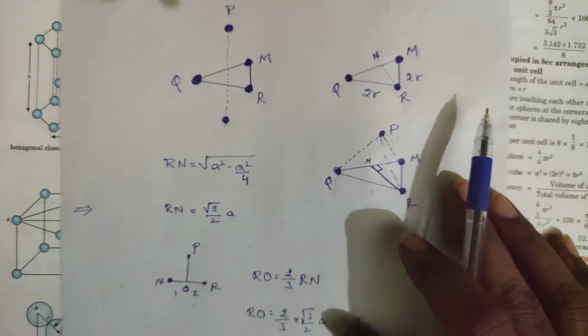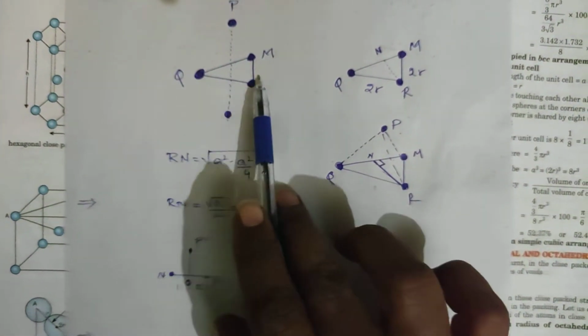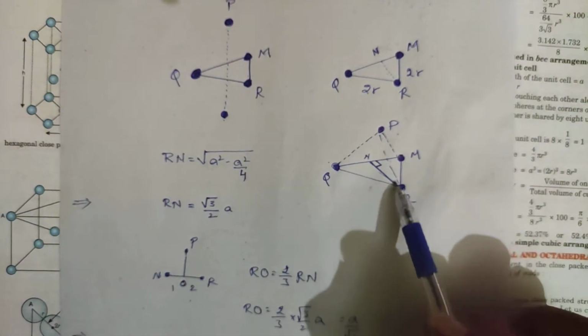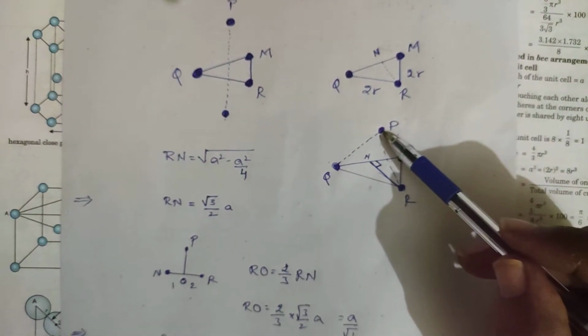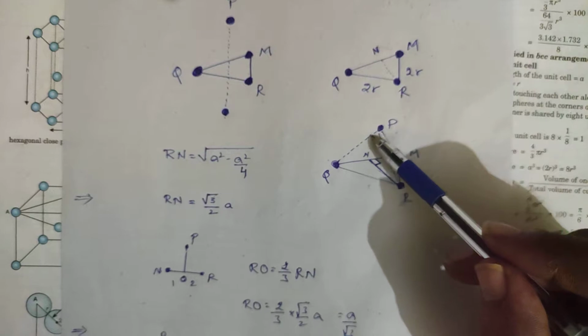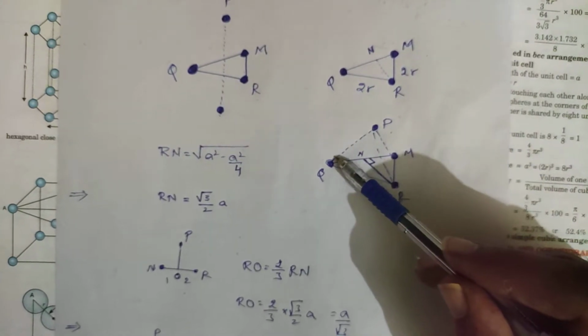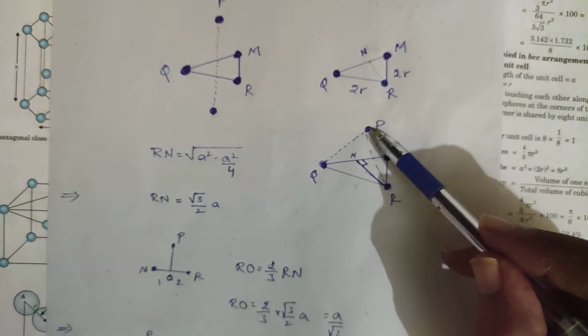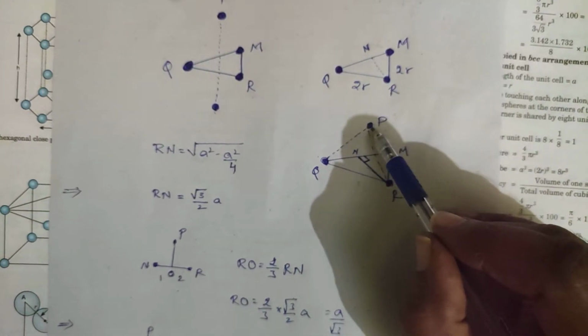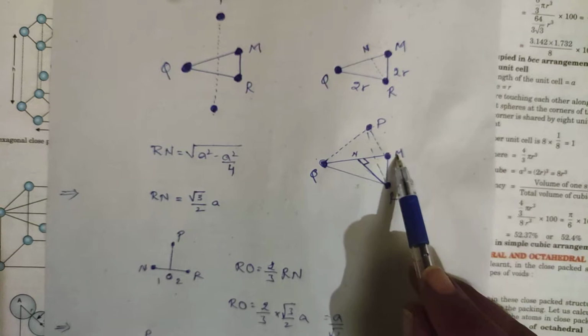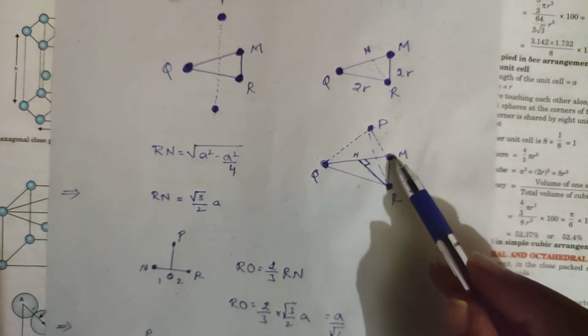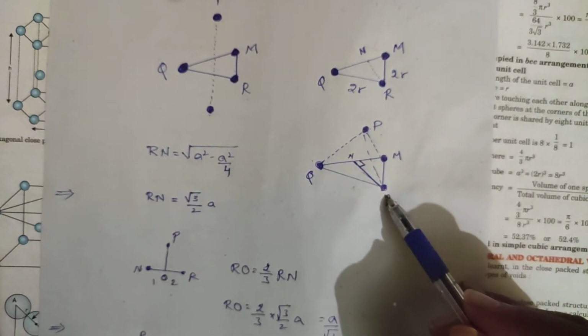Now I am taking the same triangle as well as the top particle. This is the triangle, and the top particle I am placing here. I am linking like this: PQ, PR, PM. The distance between these is 2r only. PQ is 2r, QM is also 2r, QR is also 2r, MR is also 2r. Clear?